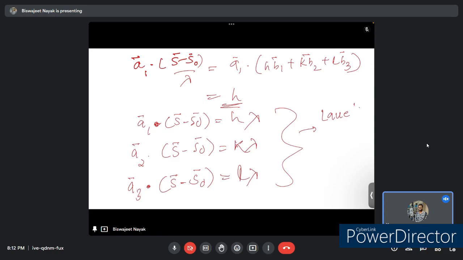So these three equations are called Laue's equations, and they must be satisfied simultaneously for diffraction to occur. If any of the equations fails, then no diffraction will occur. They must be satisfied simultaneously.